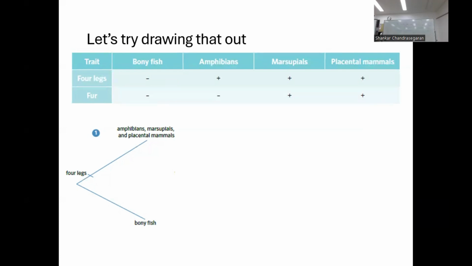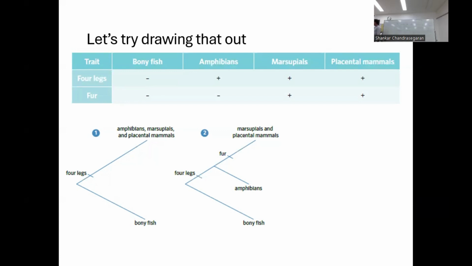Okay, moving on from there, we start to put more detail into ours based on which one has the least homologous structures, which is amphibians versus marsupials and placental mammals. Since amphibians only share one homologous structure, that means they would have diverged at some point here, right? So that's what we indicate in our next drawing. We show that they were related to each other along this branch, but the fact that amphibians only have one homologous structure means that it diverged at one point to form its own lineage, right here.